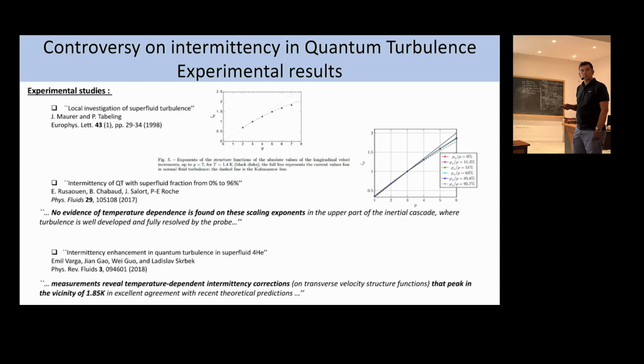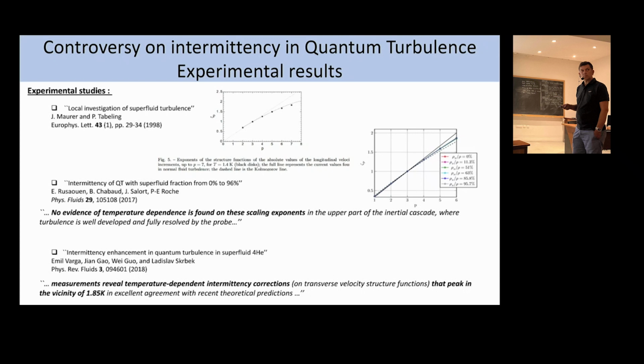But more recently, you have some new experimental results where they find that there is a dependence of intermittency on temperature, and in particular that you have an increase of intermittency at a temperature close to 1.85 Kelvin, where the two components are in equal proportion.